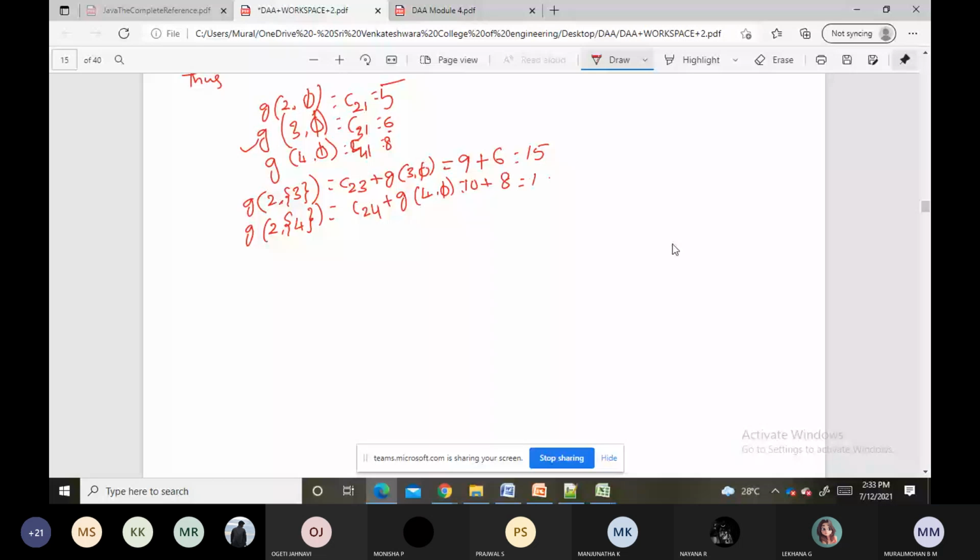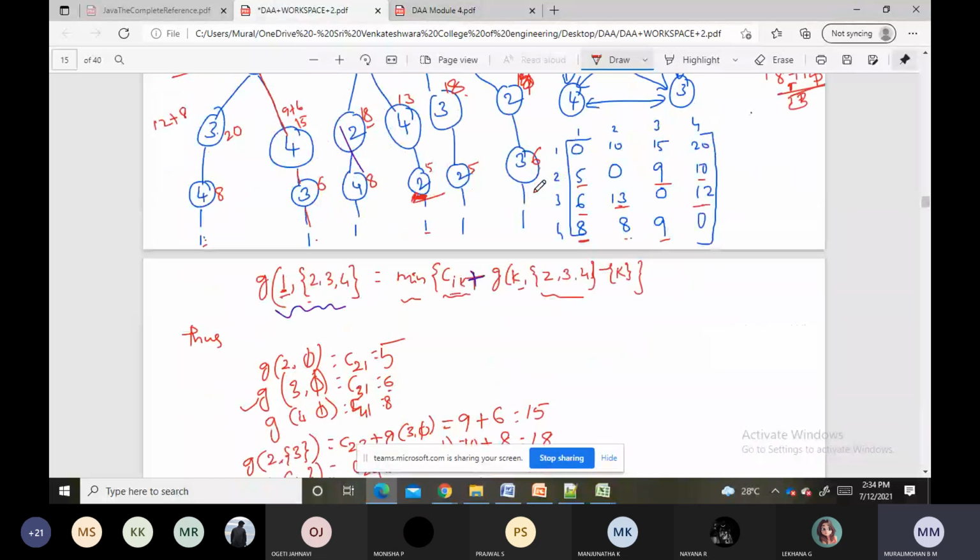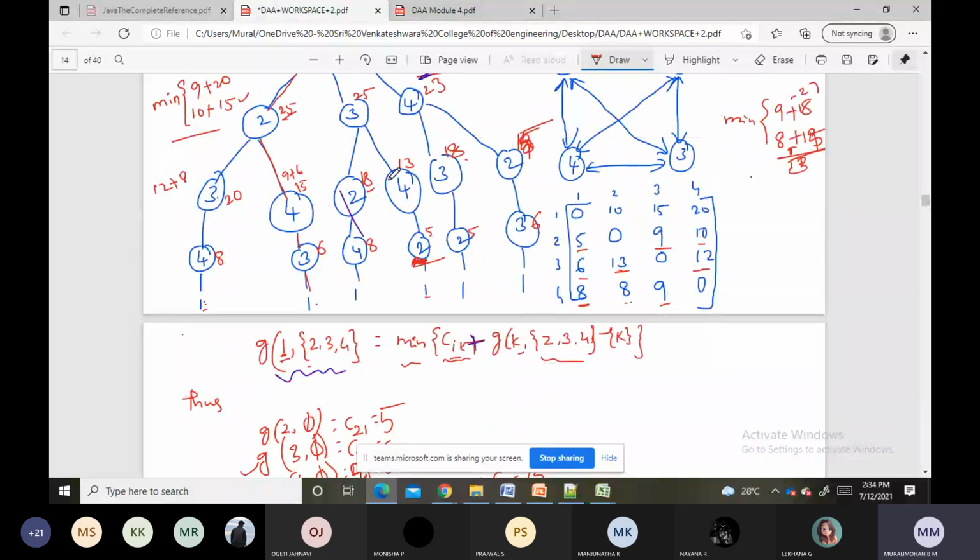You just observe here, we got 15 and here we got 18, right? This one, 18. So through 4, if we are going to 1, then we are getting 18. Through 3, if we are going to 1, then we are getting 15. So we calculated now. Similarly, we should calculate for the remaining, that is 3. Let's observe where we are having.